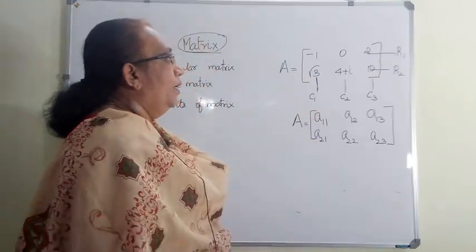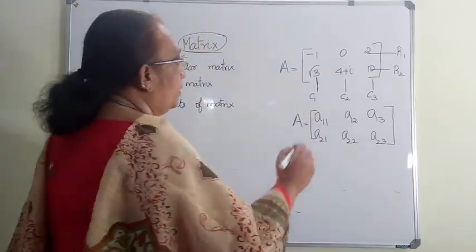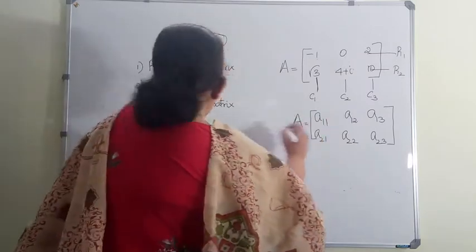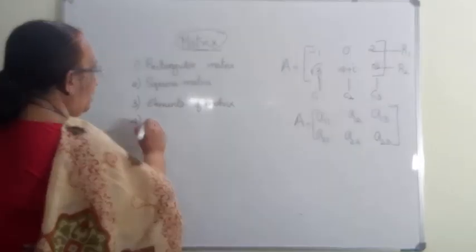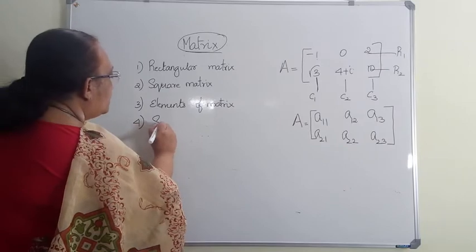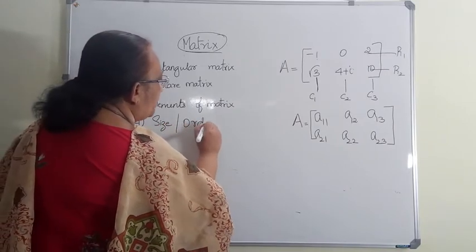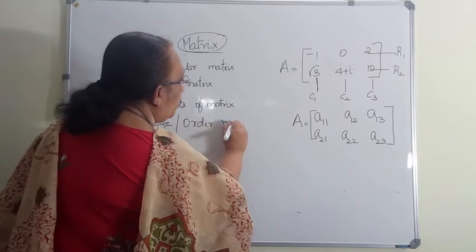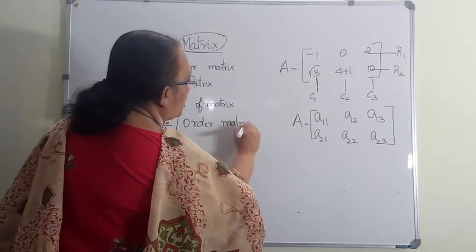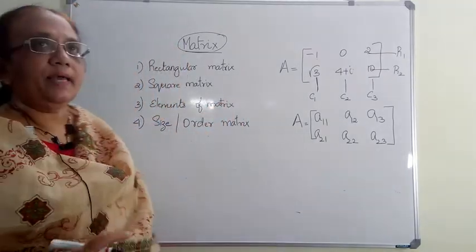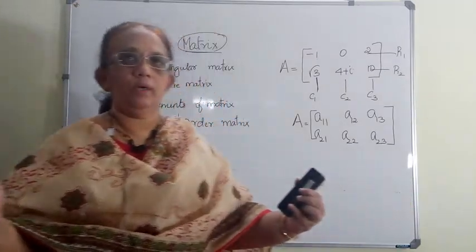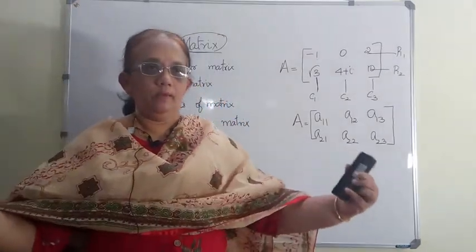Now, from this we come to the next one. It is called the size or order of the matrix. Size means how many are there.